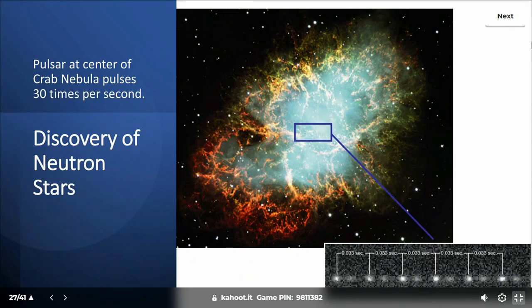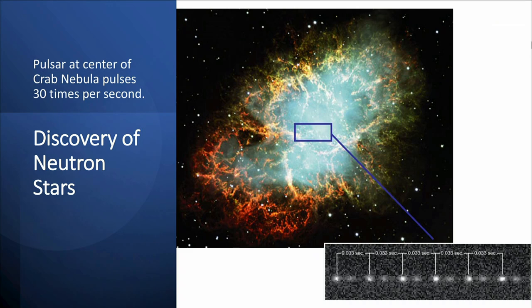The Crab Nebula has a pulsar. Remember, this was the supernova remnant that Chinese astronomers saw in 1054 AD. They saw the bright light from the supernova, and now, about 1,000 years later, we can see the supernova remnant, and we can see the pulsar at the center of the supernova remnant.